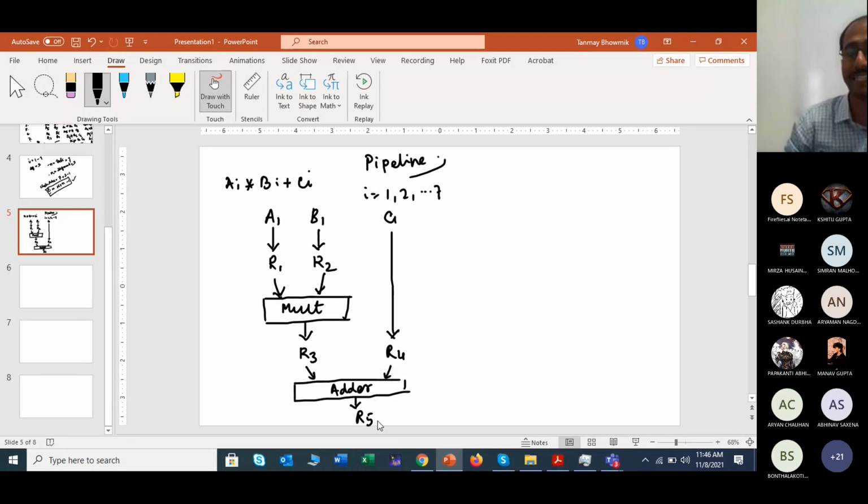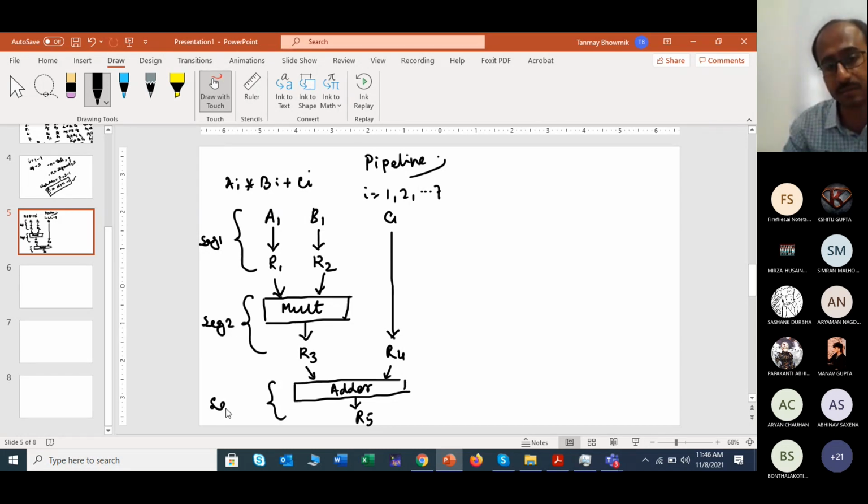Now if you try to break it into segments, that means not all the task will be done at the same time. Rather, you will create segments to do some work at a time. So this work is the first segment task, this work the second segment task, and this work the third segment task.